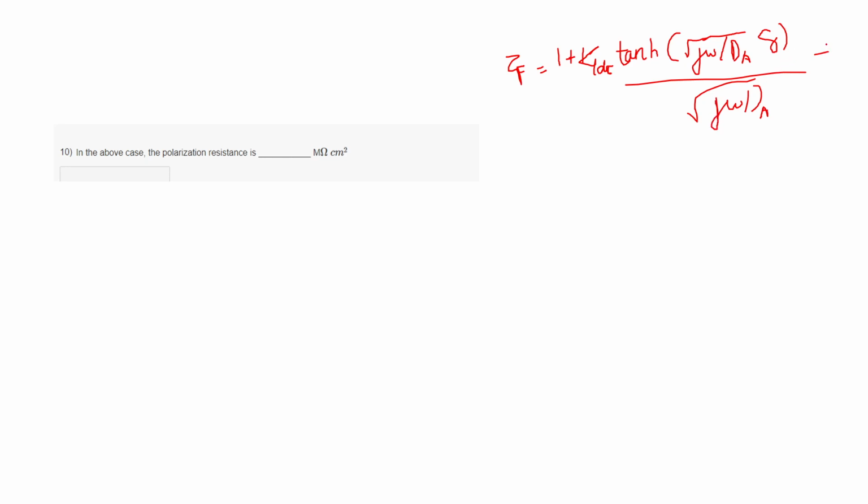tanh of j omega dB, by root of j omega dB.